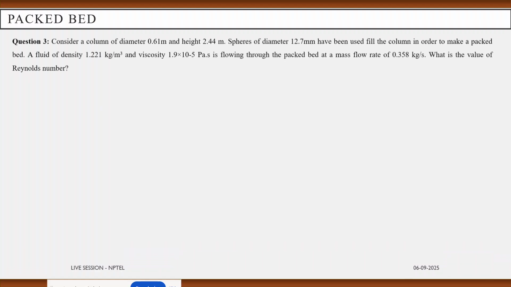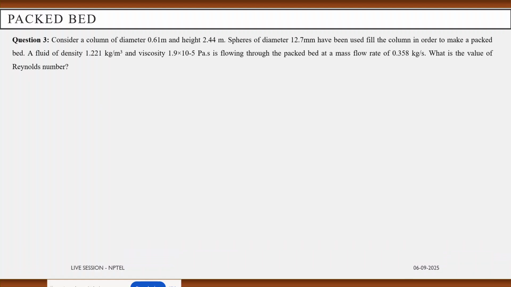We will move to the next question. Consider a column of diameter 0.61 meter and height 2.44 meter. Spheres having diameter 12.7 millimeter have been used to fill the column in order to make a packed bed. A fluid of given density and viscosity is flowing through the packed bed at a given mass flow rate.